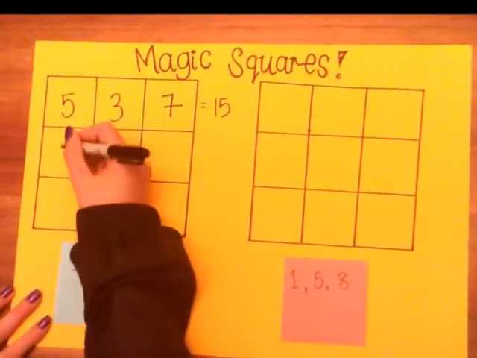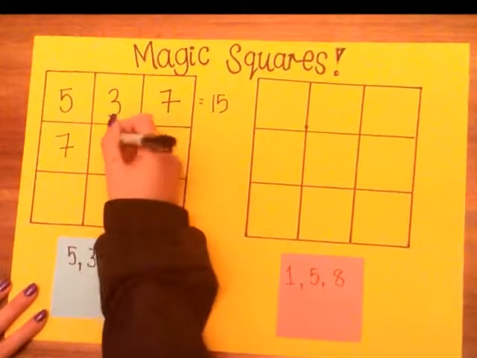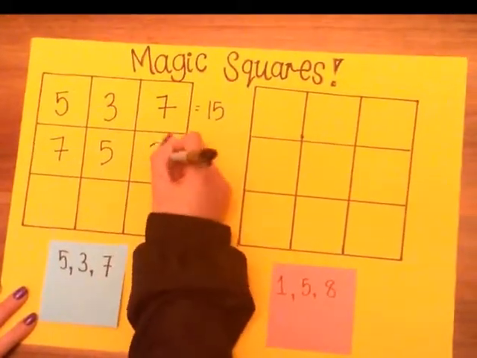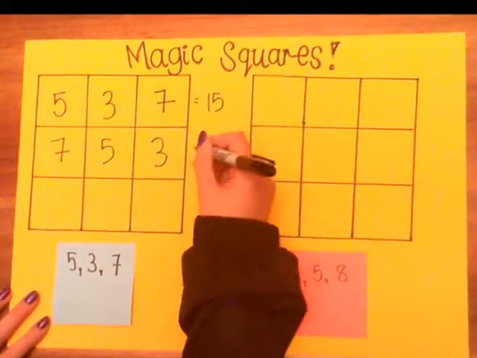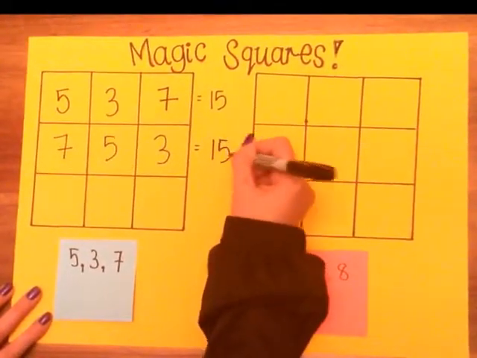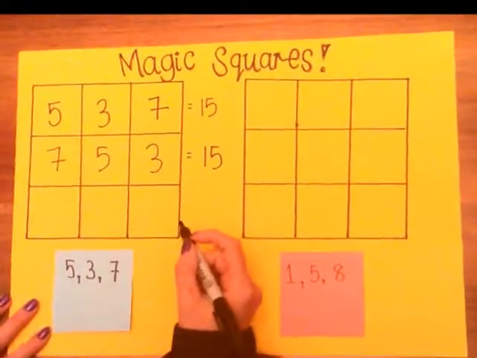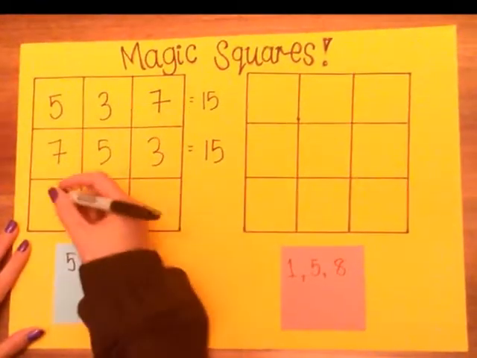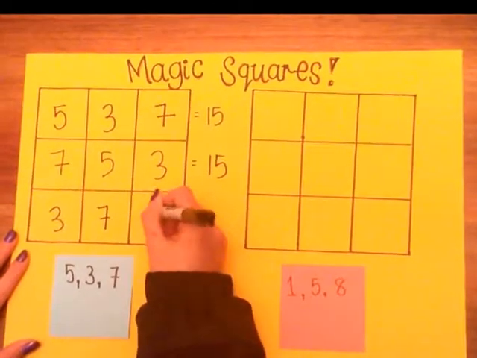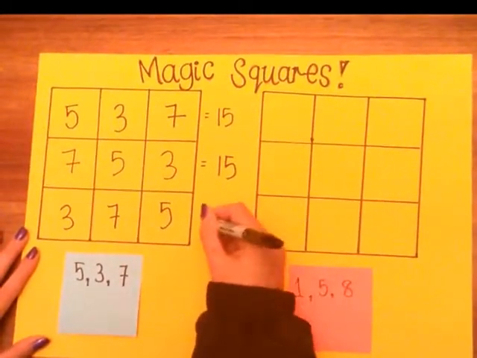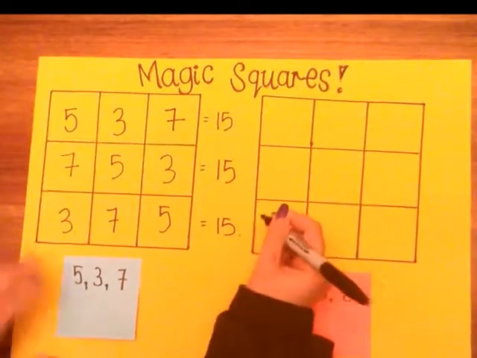So next up I will go with 7, 5, 3. And if I go across, 7 plus 5 plus 3 gives me 15 also. Then I would do the same thing, changing the pattern around. So in this case I'd go 3, 7 and 5, which still gives me 15.